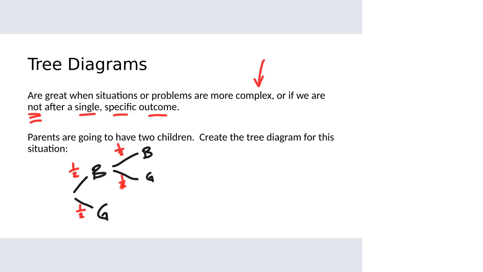But one thing we haven't considered yet is what happens if the first child is a girl? We haven't done that yet. We've only looked at what if the first child is a boy. So we also need to put possibilities down there. The first child's a girl, and then the next child could either be a boy or a girl. And we'll go ahead and put those probabilities on there too.